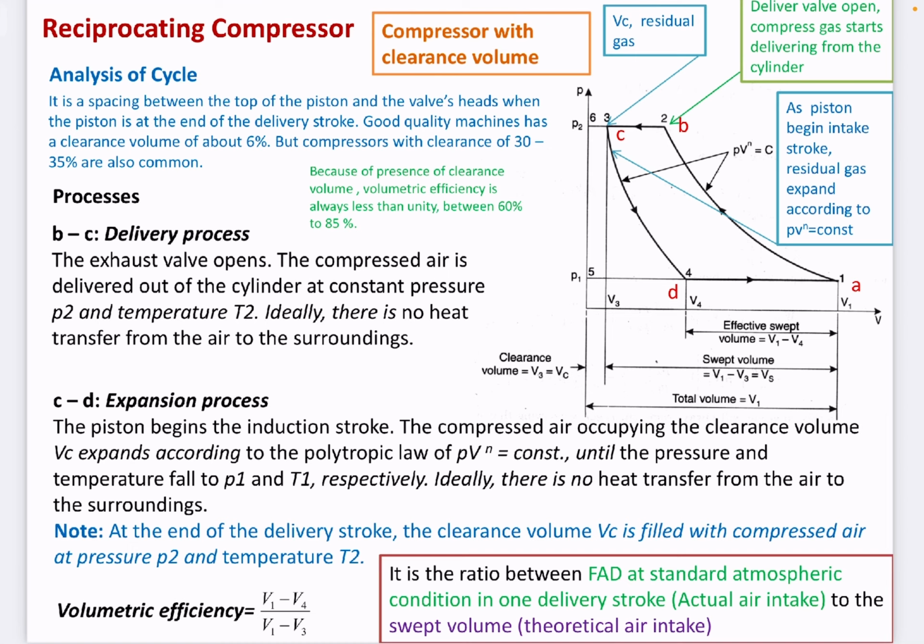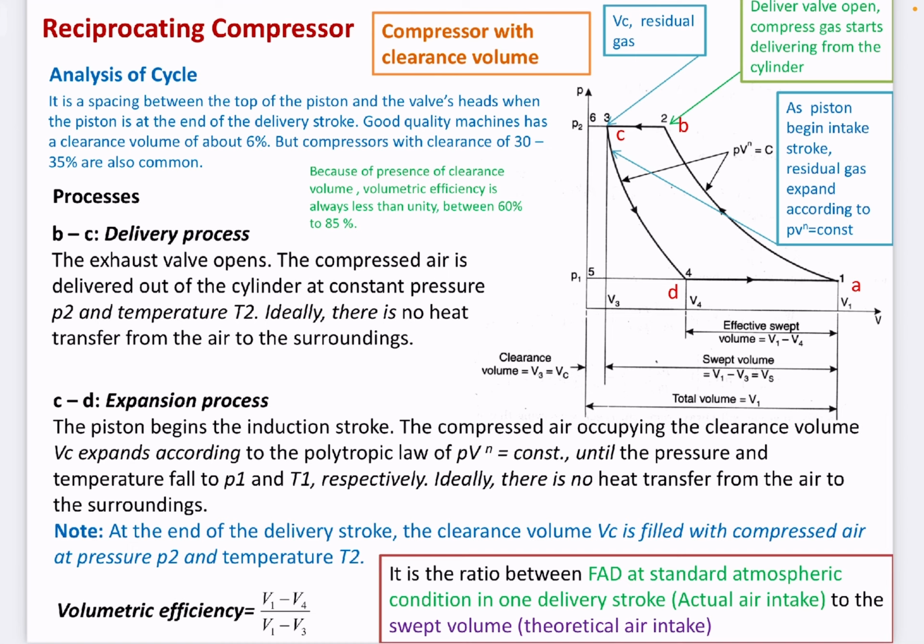In this space is trapped the residual gas, which is at state 3, in the compressed form. It is at the pressure P2. So when the piston starts moving again from the top dead center towards the bottom dead center, the residual gas would start expanding from position C to position D.